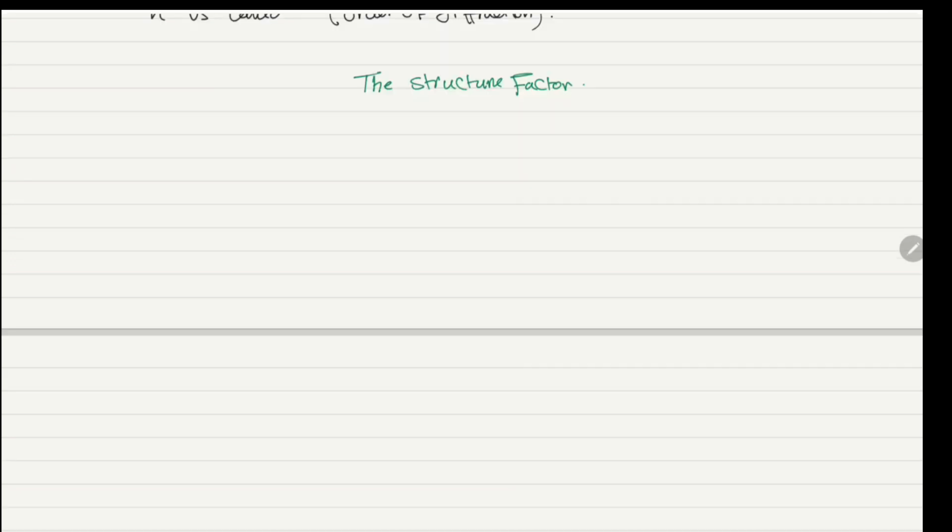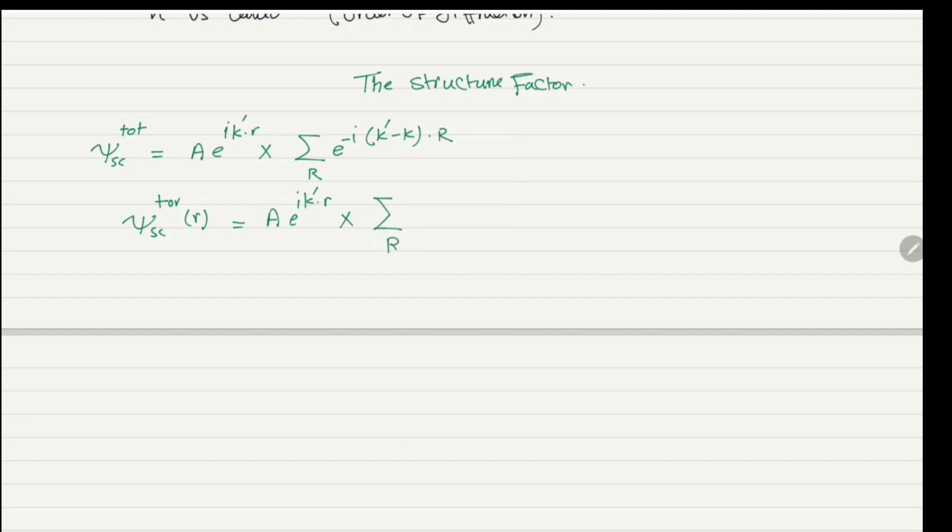Now, if we have more than one atom per lattice point, the sum, as we discussed before, e to the i k prime dot r times the summation over r of e to the minus i k prime minus k dot r, can be generalized and become psi total of r equal to A e to the i k prime dot r times the summation over r.